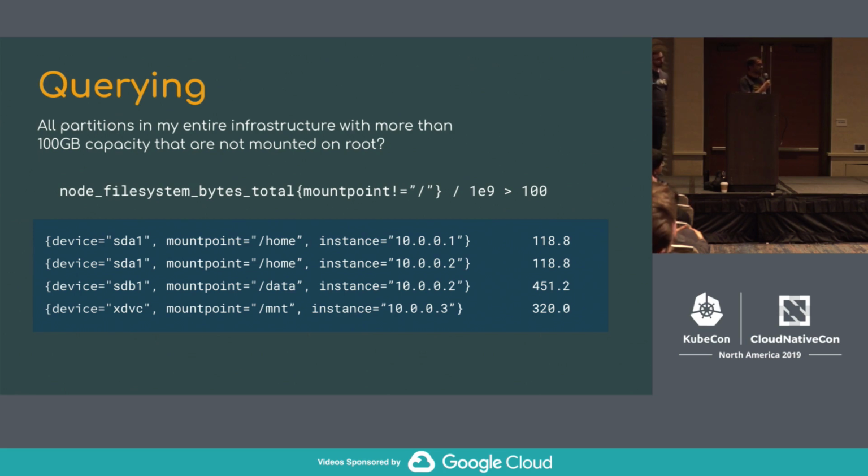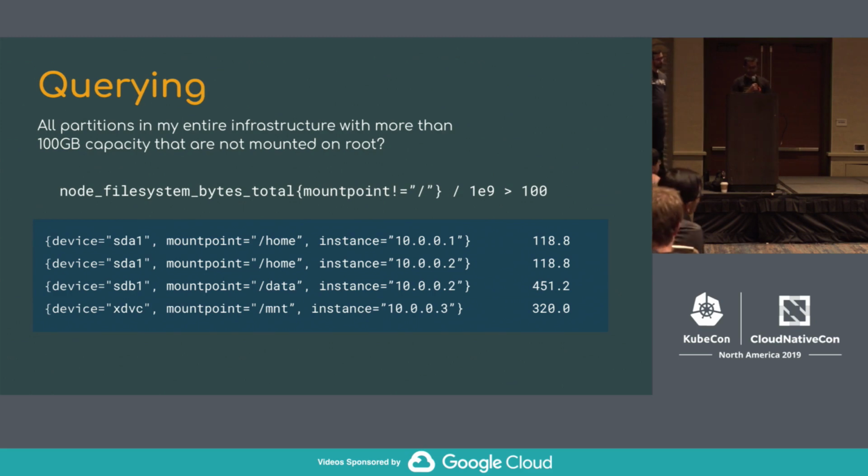All the queries in Prometheus look like a mathematical equation that you would write inside your code. You can consider the metric name that I'm showing on the left side as A divided by 10 to the power 9, which is greater than 100, just show me them. And you get a result which matches node file system bytes total and the other labels associated with it.